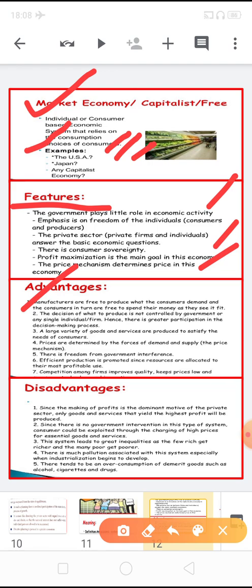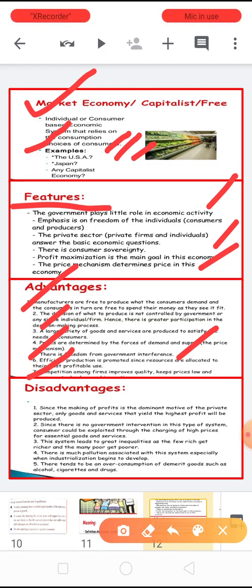A large variety of goods and services are produced to satisfy the needs of the consumers. Prices are determined by the market forces of demand and supply. There is freedom from government interference, and effective production is promoted since the resources are allocated to their most profitable use. These are majorly the advantages.